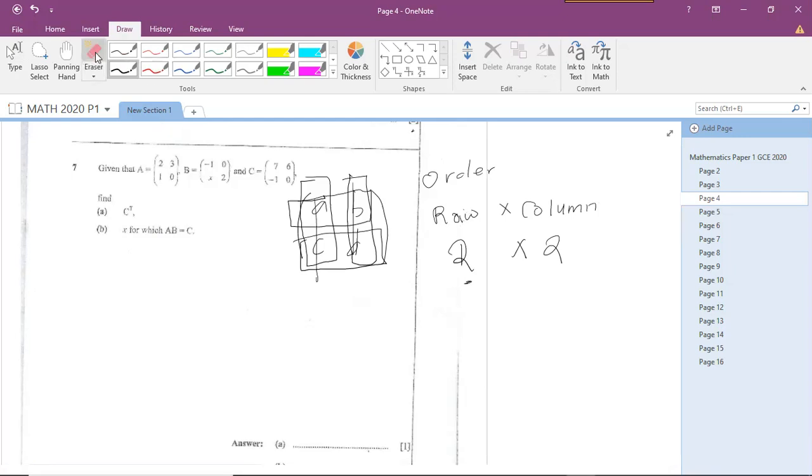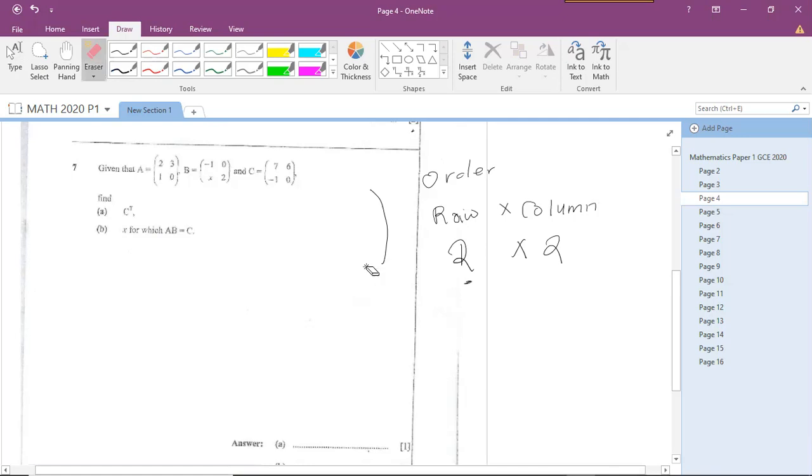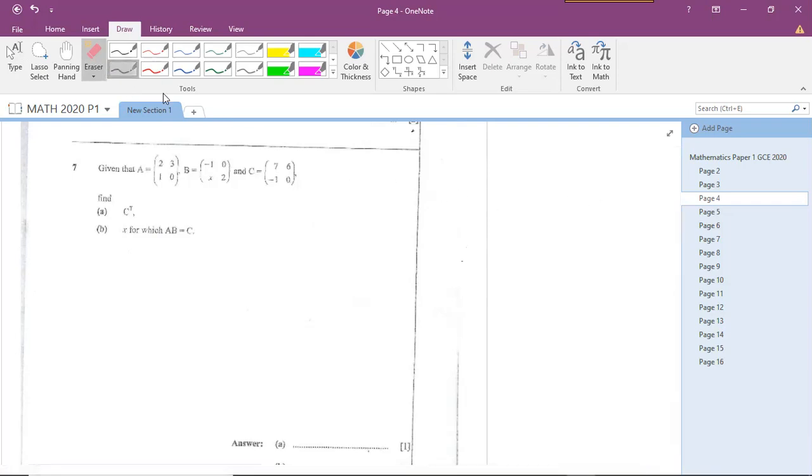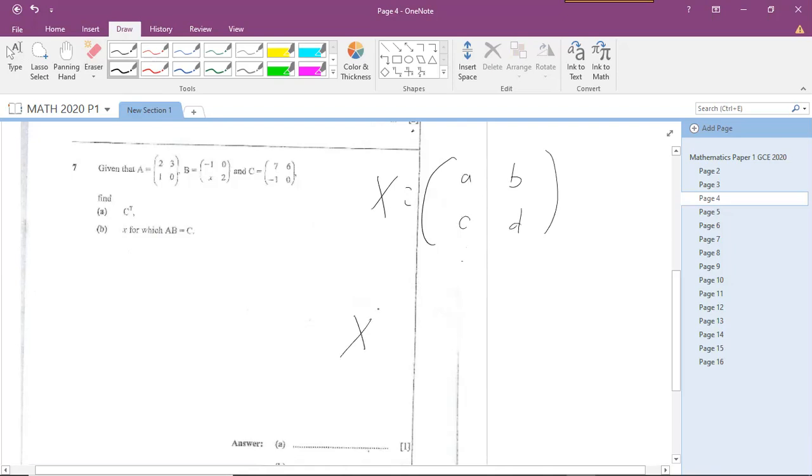For example, this same matrix here, let me write it again, the 2 by 2 matrix, A, B, C, and D. So this matrix, we'll call it matrix X. We can transpose this matrix.